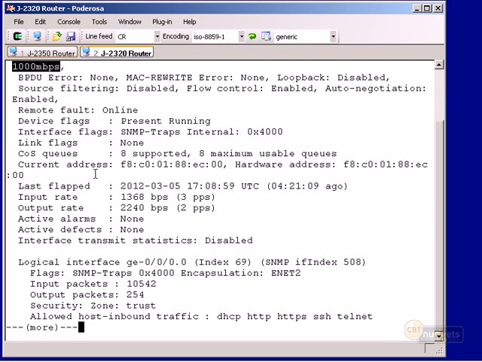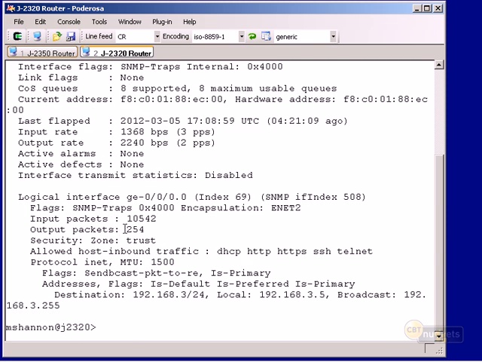But if we move down here and click, we get more showing up. Down here, we're going to see some of the logical properties. A very common logical property is the protocol family. So this is the inet family, protocol inet. That's the most common. That means you're going to be doing basically TCP/IP version 4.